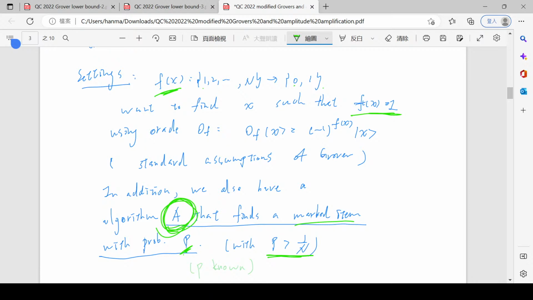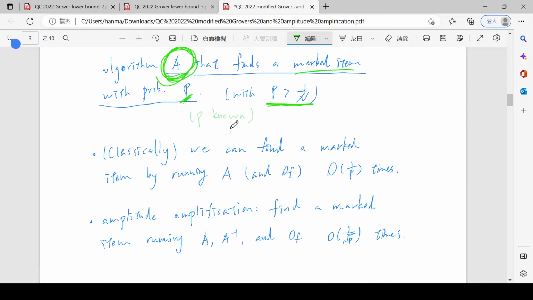Okay. So you have this algorithm that finds a marked item with probability better than totally random search, and with some cost, hopefully being efficient. And anyway, with this extra A possible, how fast can you find a marked item in f of x?